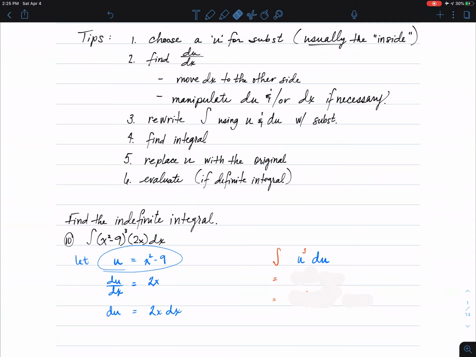Integrating gives us 1/4 u to the 4th. Don't forget your plus c, because this is an indefinite integral. But I don't want this as a final answer because u's are not in my original integral. So I want to go back and replace what u equals. We substitute it with what it equals in x's, so x squared minus 9 is replacing our u. Don't forget your plus c.